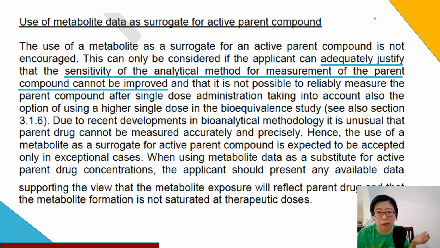And the method that you use is good enough, and so on and so forth. But bear in mind, as with any exceptional case, you need to back it up, and there's also something that you need to prove: if you have any data to show that the metabolite concentration will reflect directly or very similarly to the parent drug, and it does not saturate at therapeutic doses, then it'll be good enough. Okay.